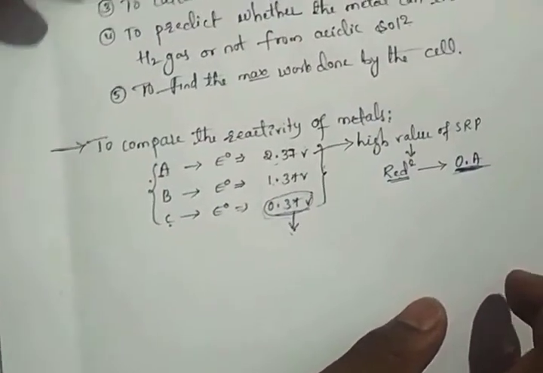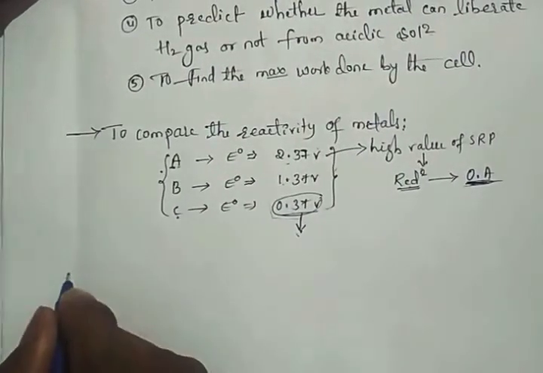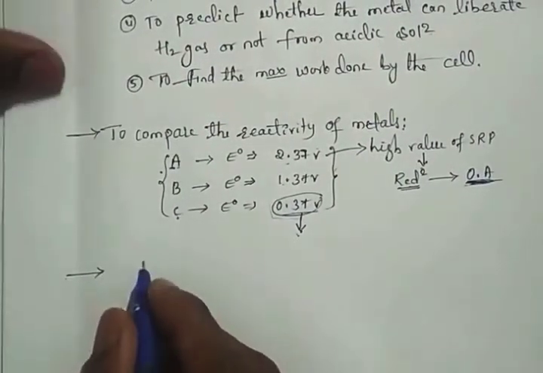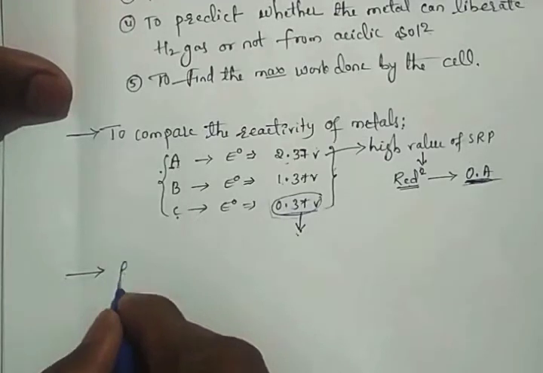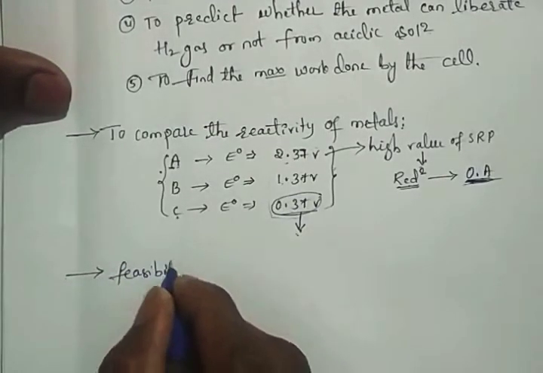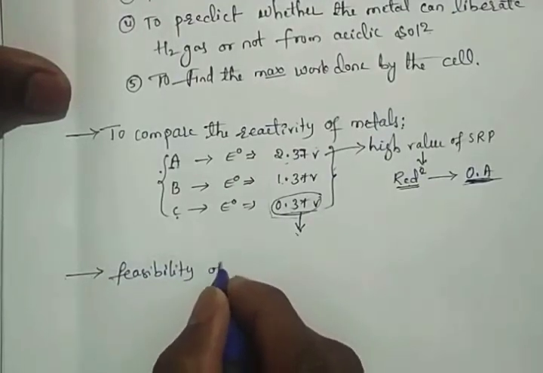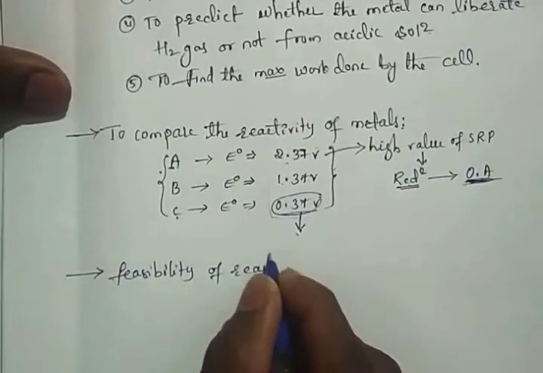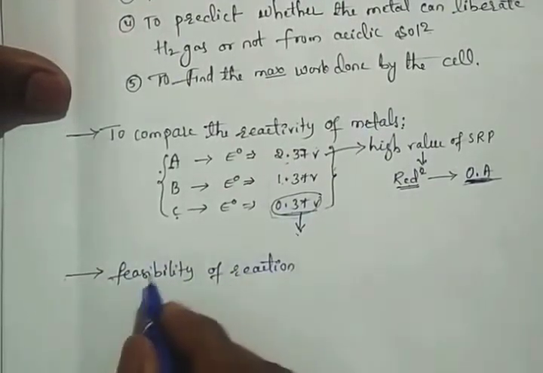Now let's move to the second application, to predict the feasibility of a reaction. Second concept, feasibility of a reaction. How are we going to predict the feasibility of a reaction?